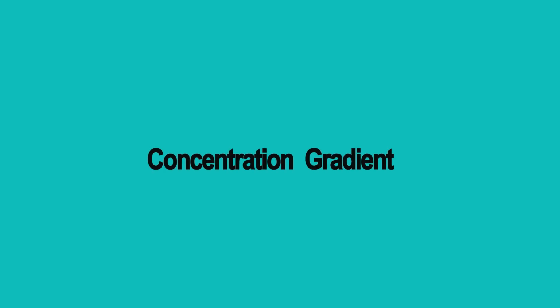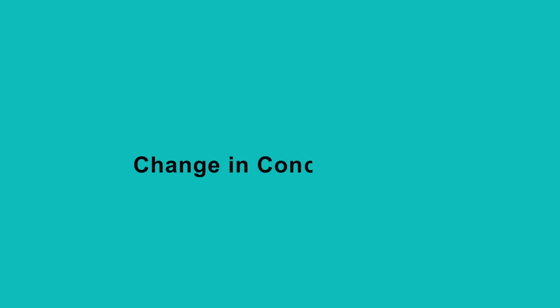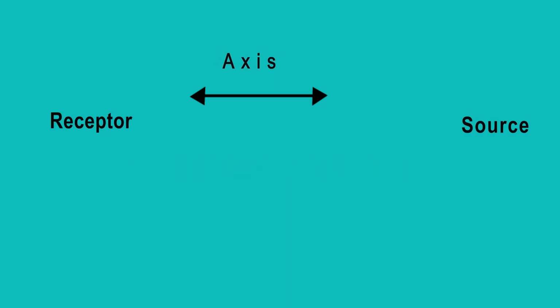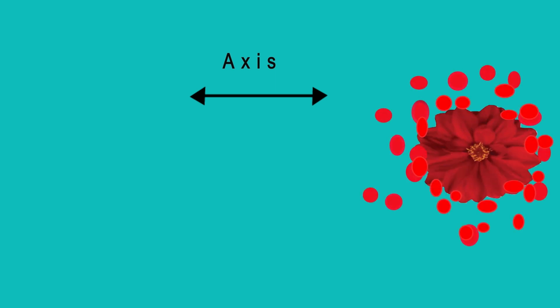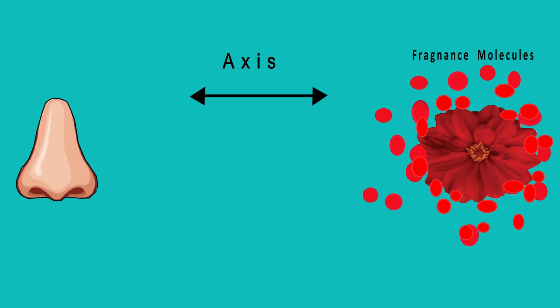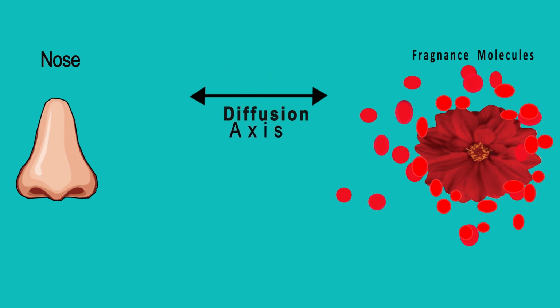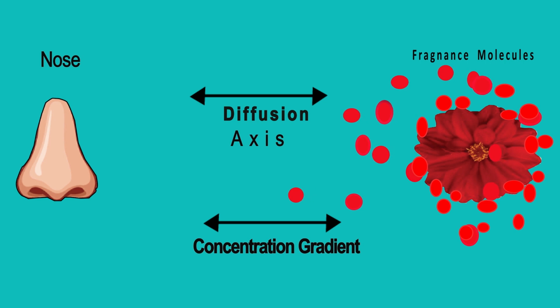Another term we are familiar with is concentration gradient, which is the change in concentration along a straight line, the x-coordinate drawn from the center of its source. Tracking of odor is possible along a straight line between the source and receptor. This straight line will be an axis. Diffusion takes place along the concentration gradient.